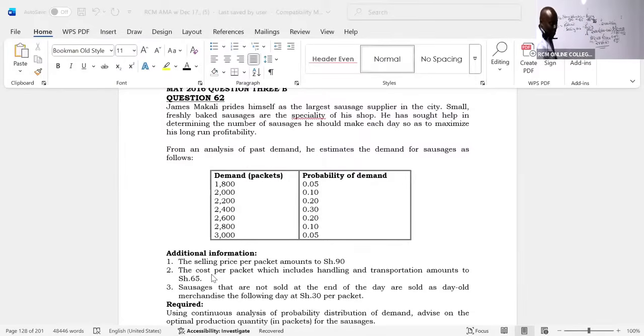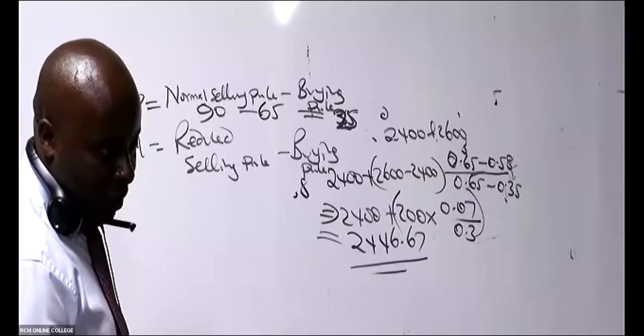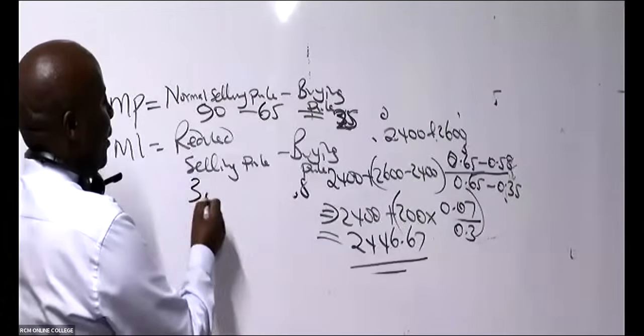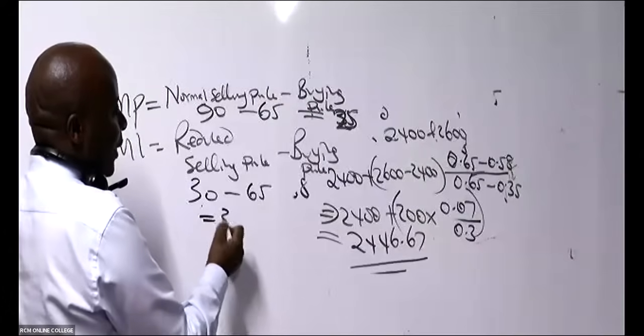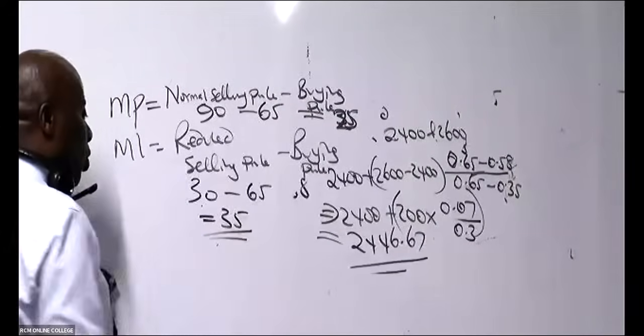And then if we don't sell these sausages on the normal first day, sausages that are not sold at the end of the day are sold as day old for 30. Buying price is normally the same. So 30 minus 65, that's how we got a marginal loss of 35.